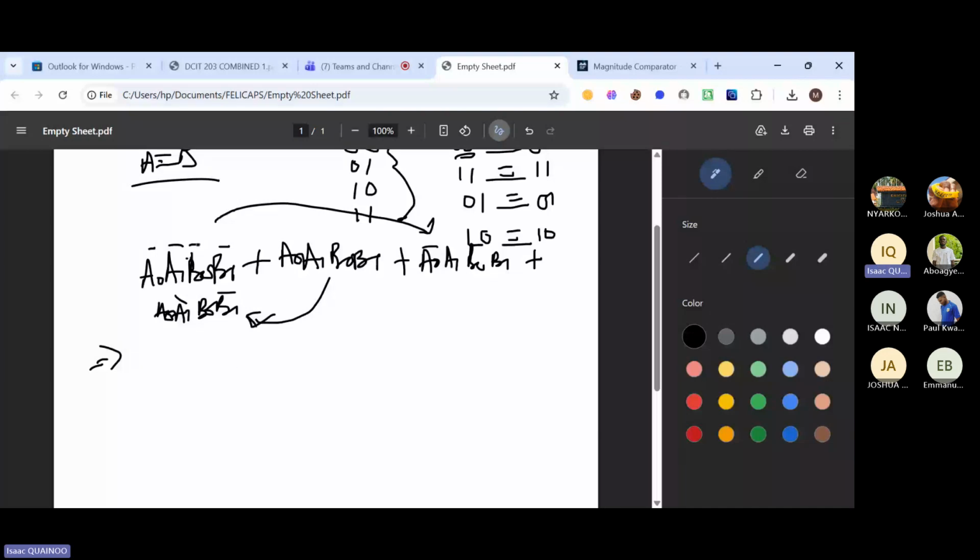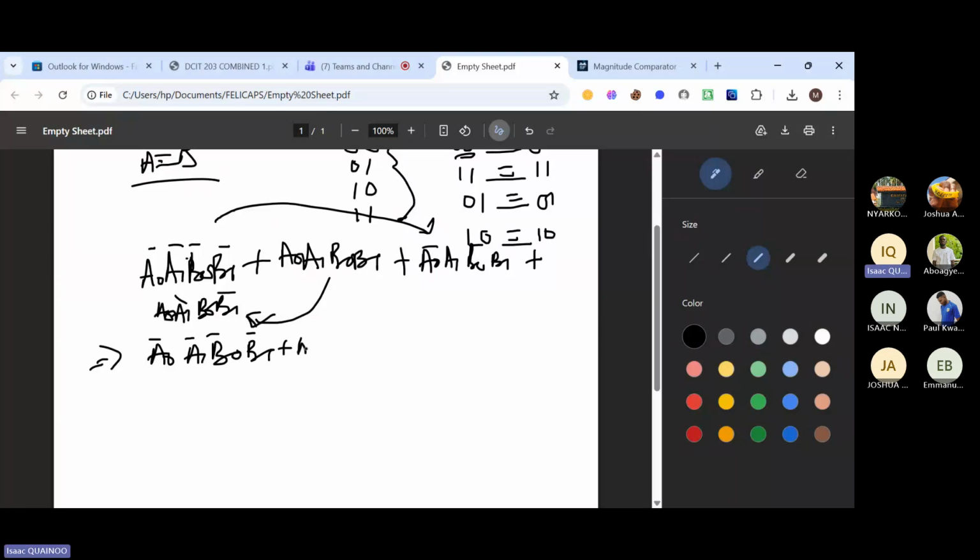So we have A0, A1. Please, there is a very short method. I just want to go through the long method before illustrating the short method of minimizing this. So we have A0, A1 here, then B0, B1, all prime, and then plus.